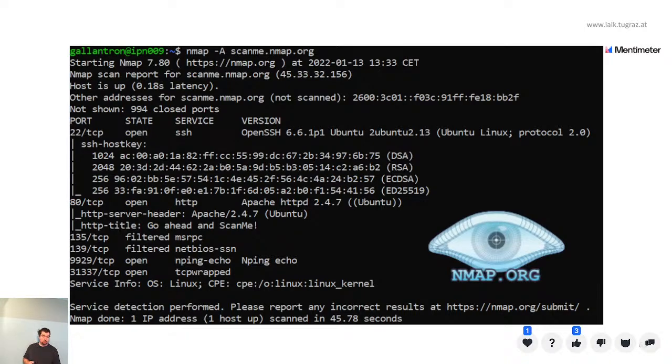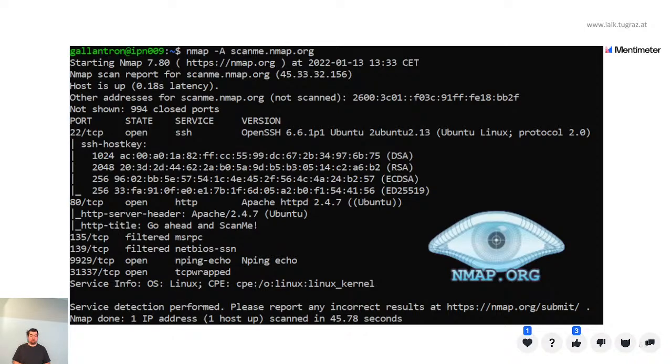Port 80 is open, it even does an HTTP request and goes, oh yeah, let's look at interesting stuff. We're looking at the title that we're being sent, and we're looking at the server header, which if it's being offered, tells us what server is supposedly running on the other side. I mean, we have to trust it, like the other side can send whatever it wants. But by default, all the web servers send genuine headers. So in this case, the server claims to be an Apache web server 2.4.7 running on Ubuntu.